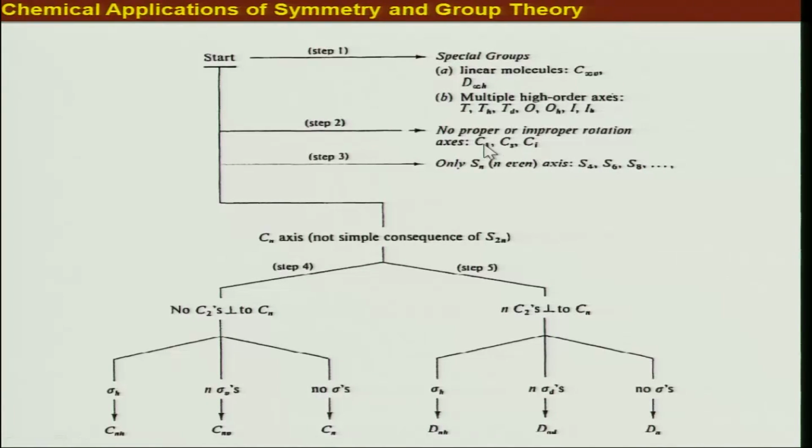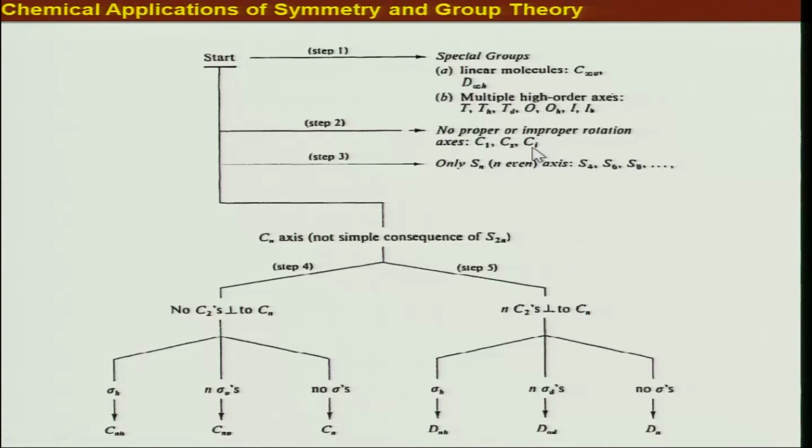So what are they? If you do not have any operations other than identity, your point group is C1. If other than identity you have only one sigma plane, then you have a Cs point group.